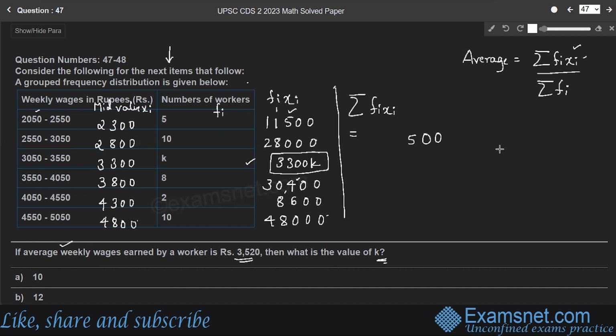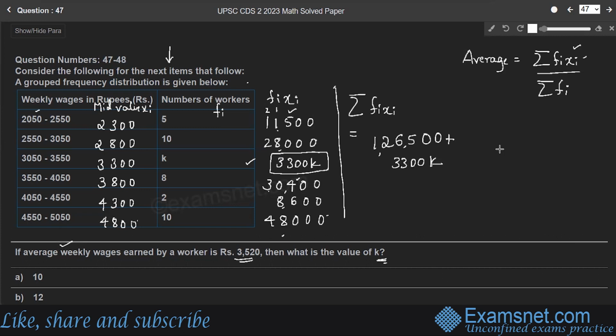Next, 1 plus 1, 2 plus 8, 10, 18 plus 8, 26. Next, 2 plus 2, 4 plus 1, 5 plus 3, 8 plus 4, 12. So we have 1,26,500 plus one more value, which is 3,300 into K, as sigma FiXi.